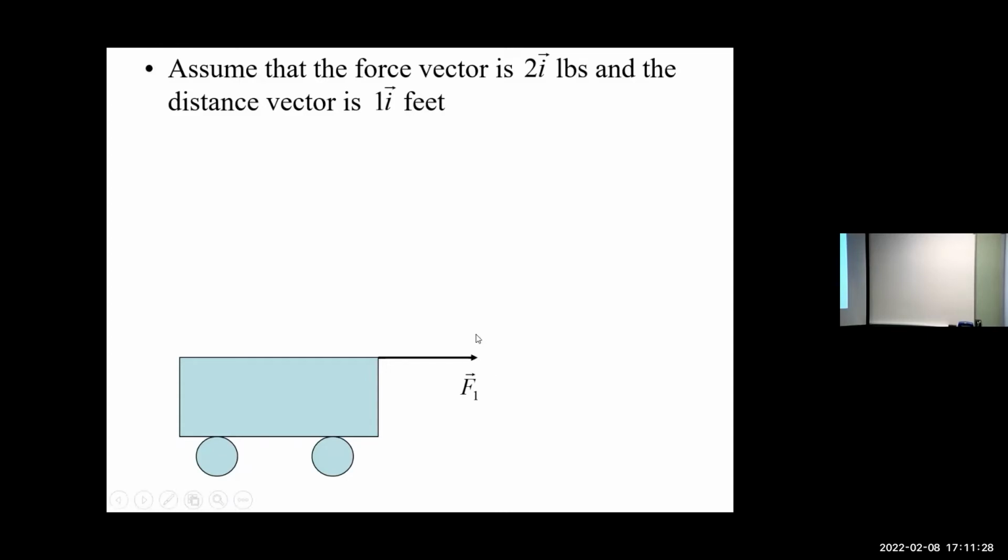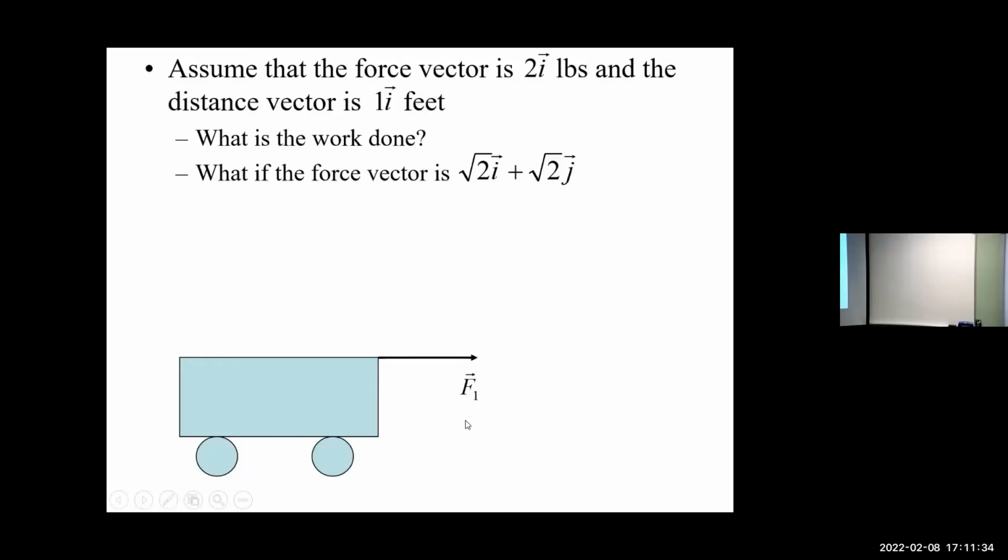Where it gets interesting, and this is where we can start to imagine what's going on, is if the handle of the wagon is at a 45-degree angle. Now the full force is not in the direction of motion. You can imagine pulling a wagon: the more horizontal you have the handle, the easier it is to pull.